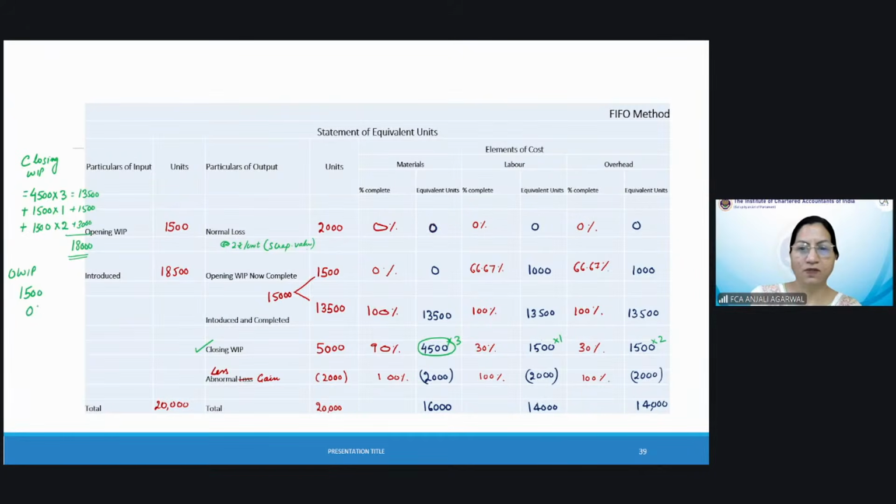Material wise, 0 into 3. Labor wise, 1000 into 1. And overheads, 1000 into 2. So your opening WIP, which was already to some extent complete, you have further incurred 3000 rupees in completing that.